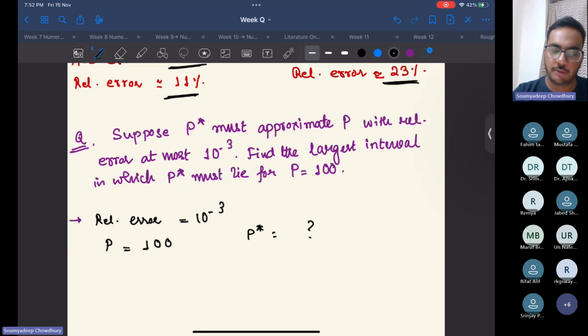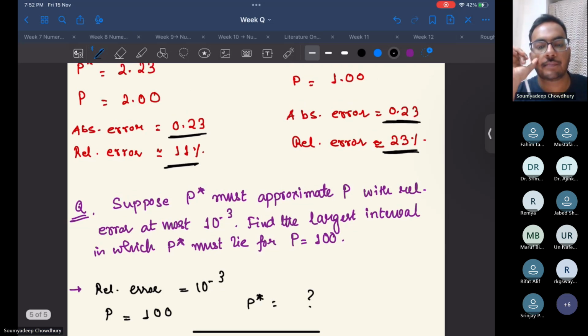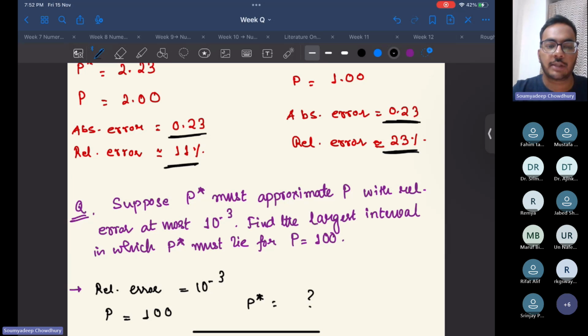can someone tell me what is the formula for the relative error? Just now I described what is relative error in terms of P and P star. Javed, can you tell?